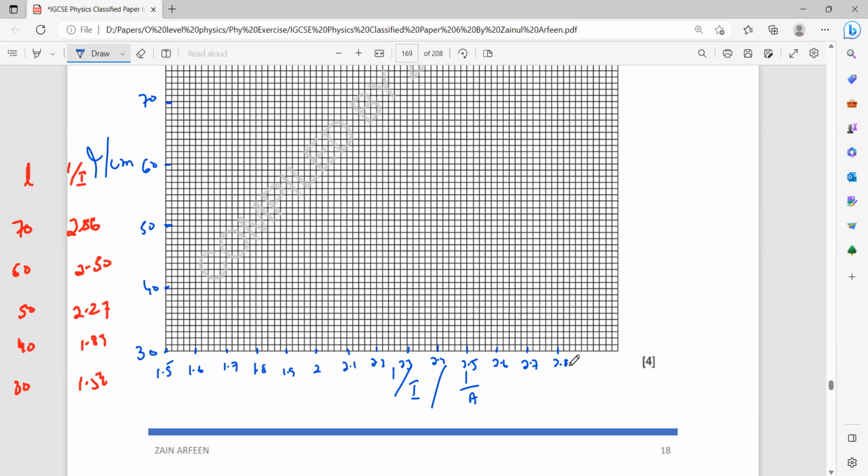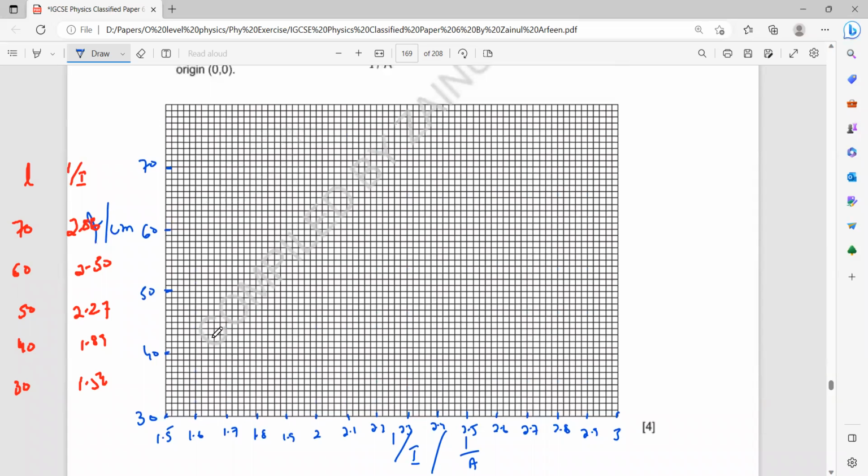I have 2.86, so I should add 2.9 as well. So this will be 2.9 and then we'll have 3. So these are the numbers, marking the axis, labeling the axis, that you will score 2 marks for, selecting a suitable scale and labeling the axis.